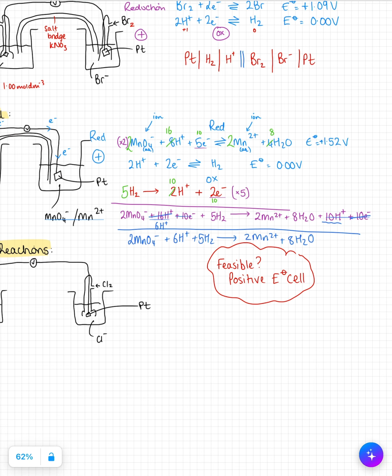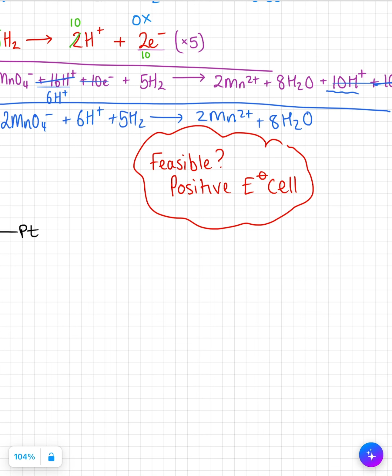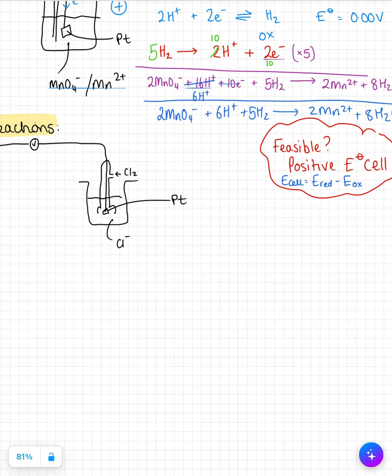Now, to understand if a reaction is feasible, will it happen? It will happen if the E cell value that we calculate is positive. Reminder, to calculate your E cell, you're doing the E of the reduction half equation minus the E of the oxidation equation. If that overall sum is positive, then yes, our reaction is feasible.